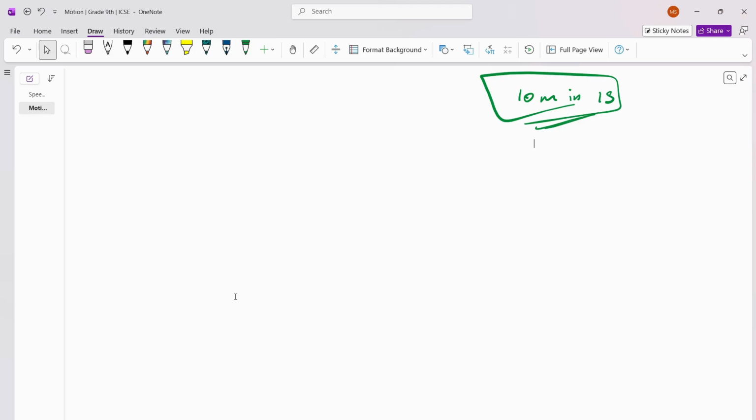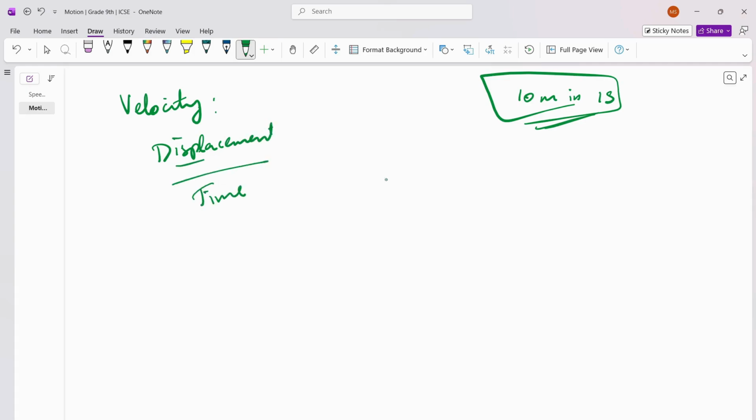Okay, now coming to something which is called velocity, right? Velocity is nothing but displacement by time. So it's basically similar to speed, or in other words, it's a vector version of speed.